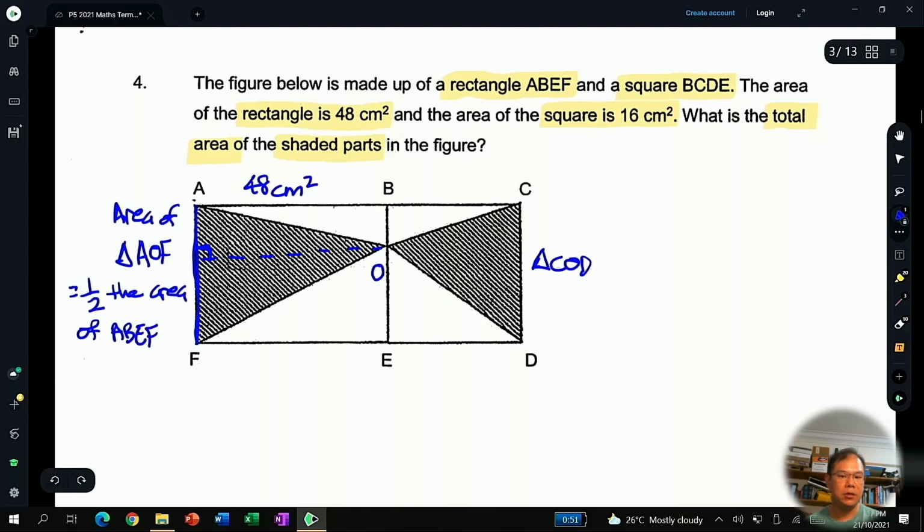Okay, this is actually what we have learned about finding areas of triangle. So the area of a triangle is half of the area of the corresponding rectangle. In this case, half of 48, that would be 24.